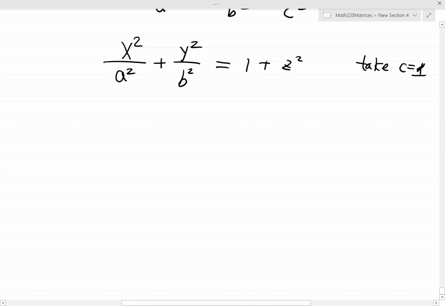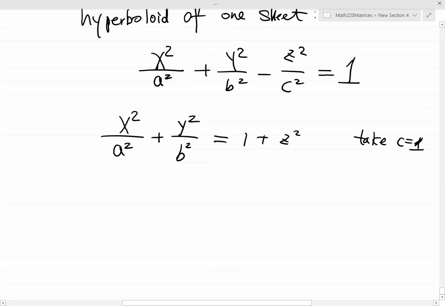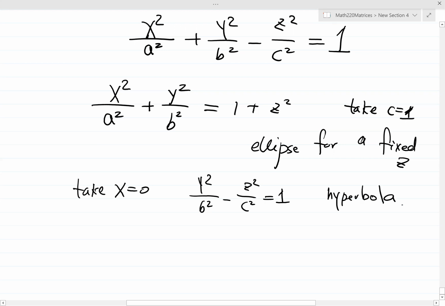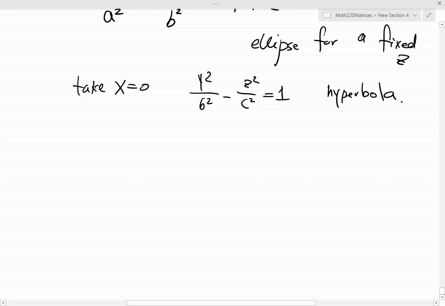If you take x to be 0, you get y over b squared minus z over c squared is 1, so this is a hyperbola.